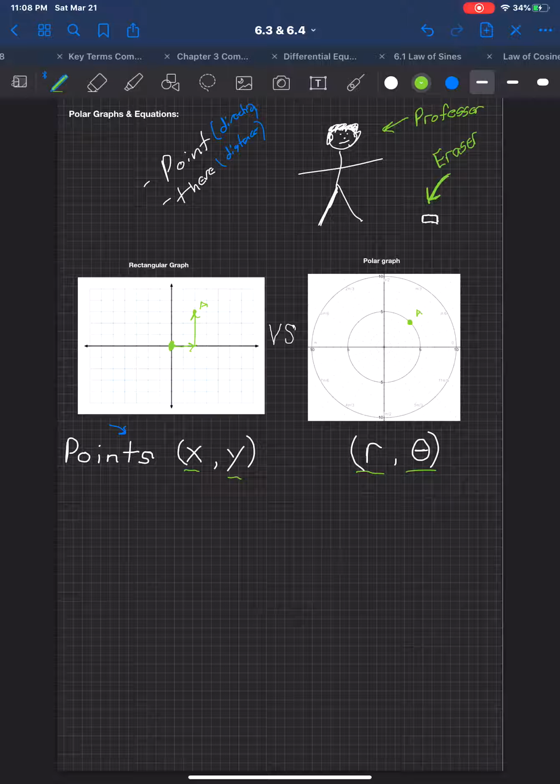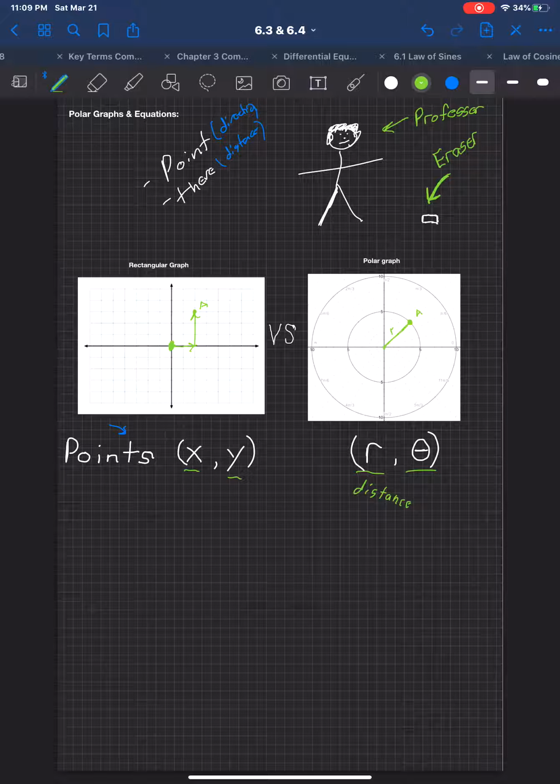But what is r? r is what I meant when I said distance. Well, distance from what? Distance from the pole. So let's talk about r. I think you can agree with me that I'm on a circle of radius 5, right?